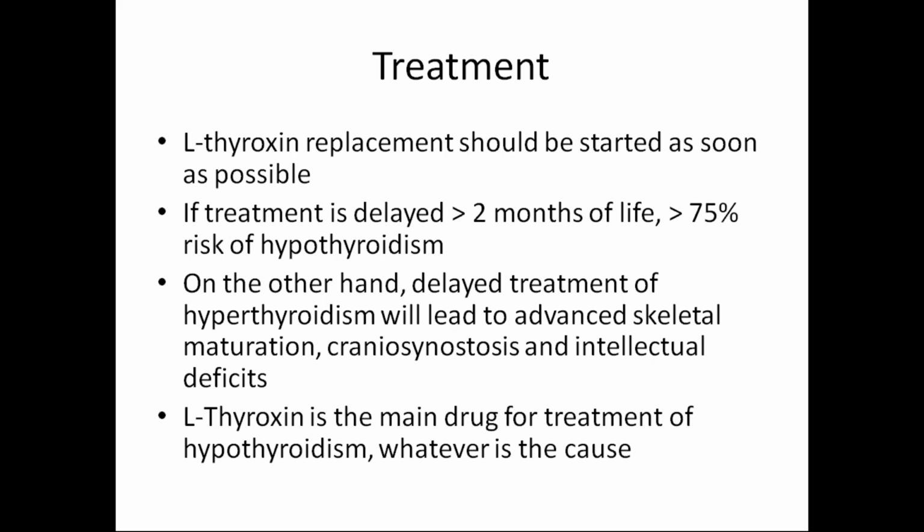The mainstay of management is levothyroxine replacement, and it should be started as early as possible, because time is development. In pediatrics, time is development. If you are delaying it by a few weeks, if the treatment is started more than a month or 2 months of age, there is a risk of the child going for mental retardation. So it is as early as possible. It is a race against time.